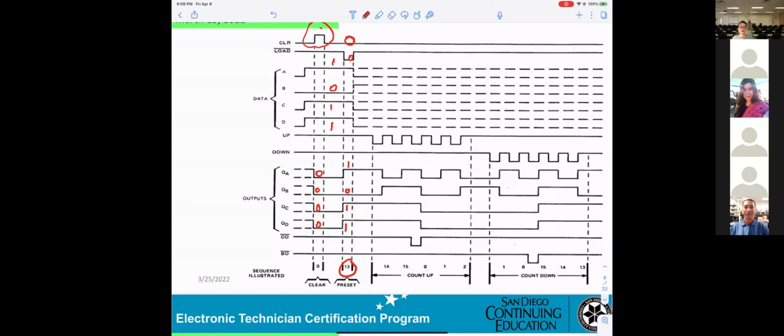Okay, if you get any question, just stop me, okay? These are very, very important for a technician. When you get the information, you need to be able to read it, especially for digital, they're using the timing.